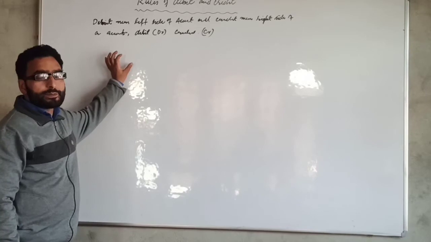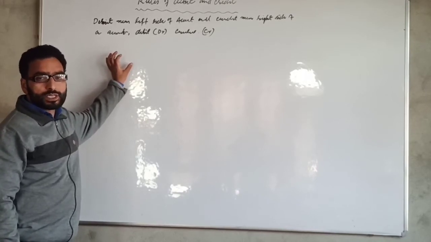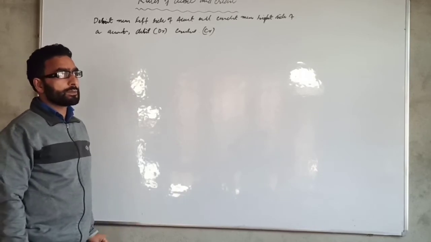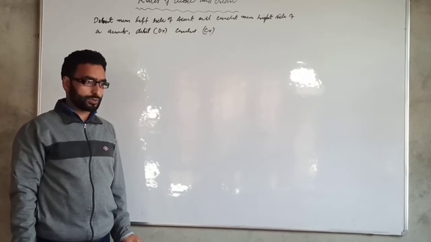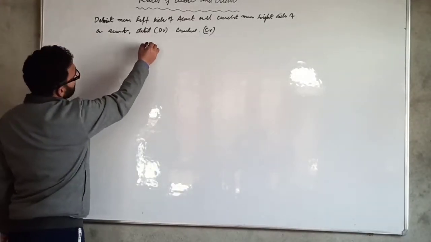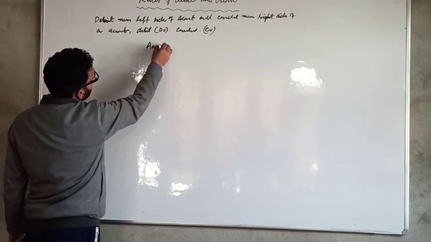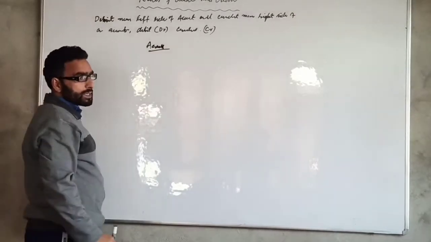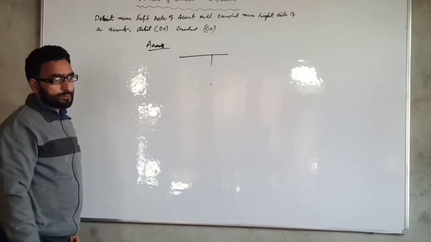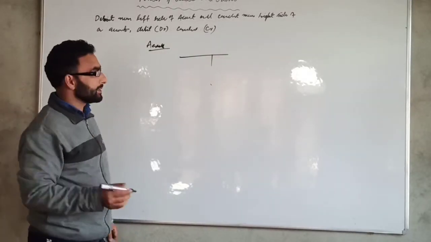The rules of debit and credit depend on the accounts. Before going to the rules, we must know what the accounts are in which debit and credit are used. An account is a T-shaped presentation or summary of business transactions, in which there are two sides, the debit side and the credit side.